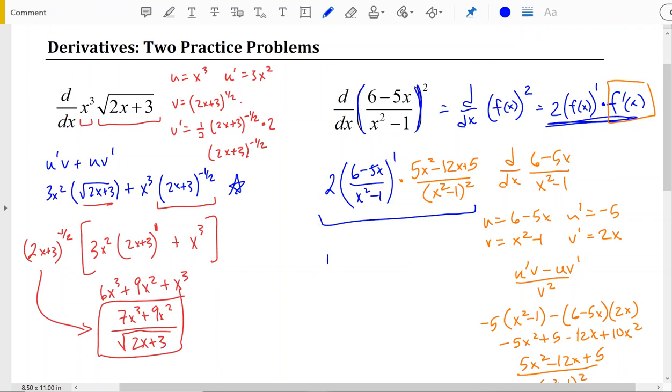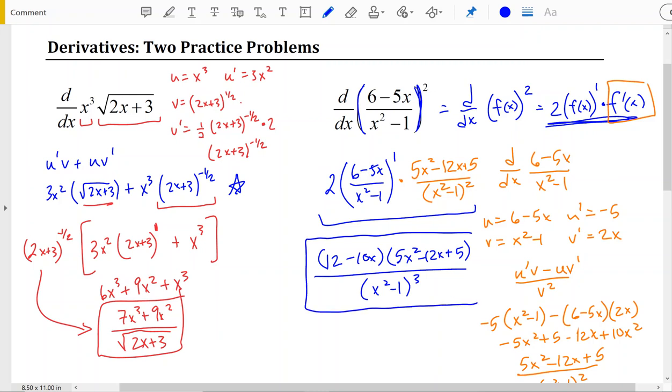We'll just get, let's go and distribute this to (12 minus 10x) times (5x squared minus 12x plus 5) over (x squared minus 1) cubed. I don't see any value in FOILing out the numerator, so I'm going to leave my derivative like that.